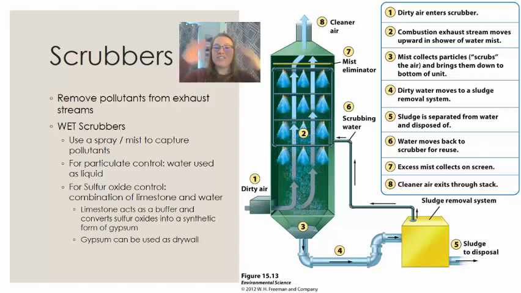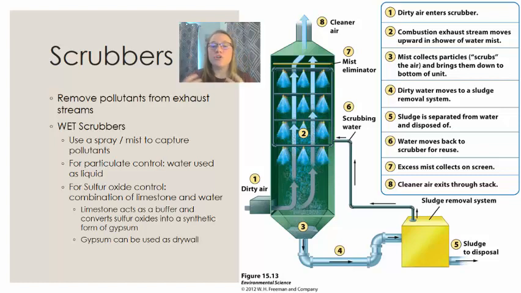When we look at an industrial scale of air pollution, we can use these things called scrubbers to clean that exhaust gas that is going up the large smokestacks from that industry. So we can have both wet and dry scrubbers. This diagram here is looking at a wet scrubber.